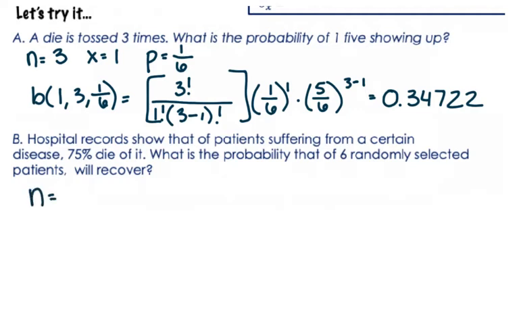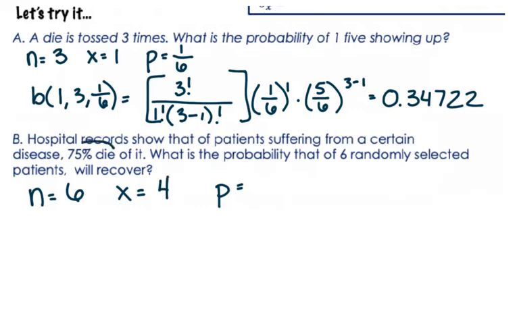So we need to know what n is, what x is, and what p is. Okay, so n is the number of trials, and you're talking about 6 because you're looking at 6 people. X is your number of successes that result from it. So our x is going to be 4.